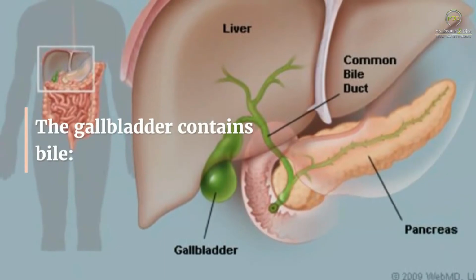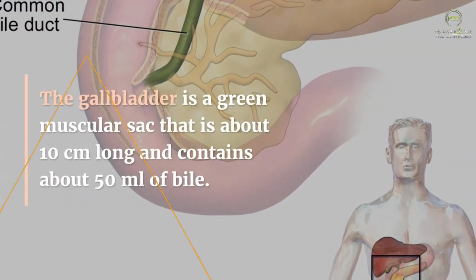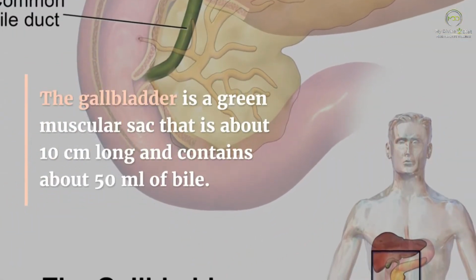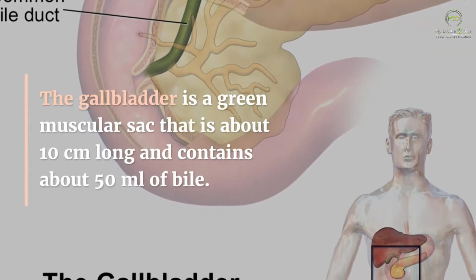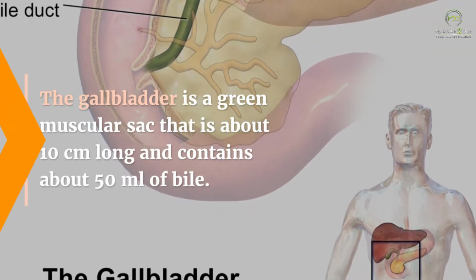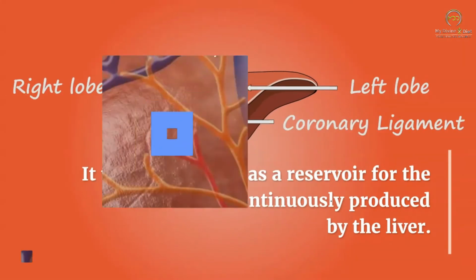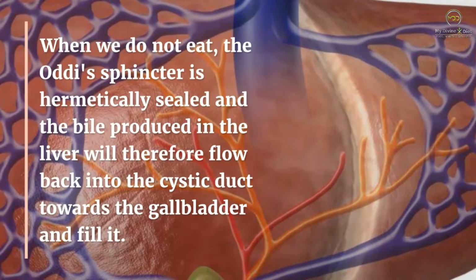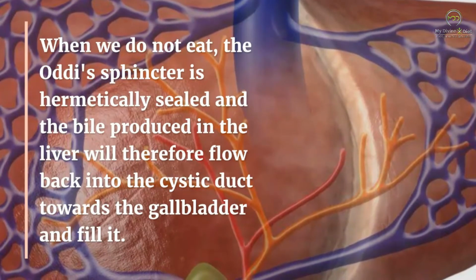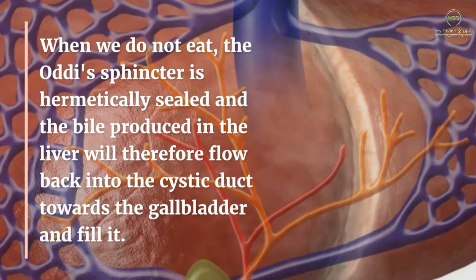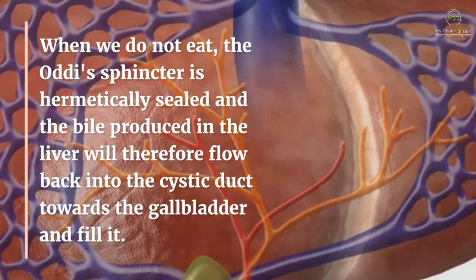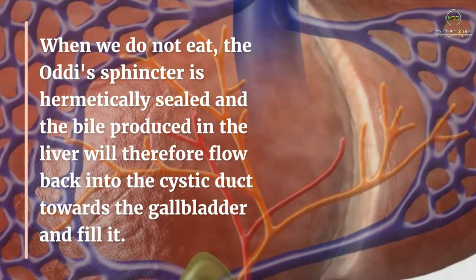The gallbladder contains bile. The gallbladder is a green muscular sac that is about 10 centimeters long and contains about 50 ml of bile. It therefore serves as a reservoir for the bile that is continuously produced by the liver. When we do not eat, the sphincter of Oddi is hermetically sealed, and the bile produced in the liver will therefore flow back into the cystic duct towards the gallbladder and fill it.